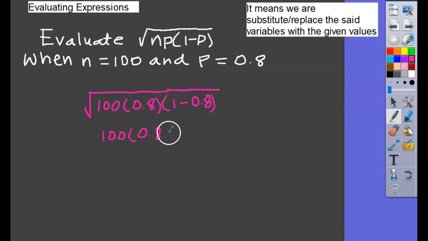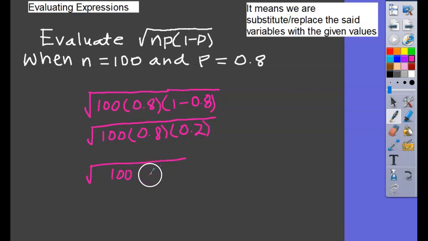Then 1 take away 0.8 gives us 0.2. And write the 100. 0.8 times 0.2 gives us 0.16. And 100 times 0.16 gives us 16.